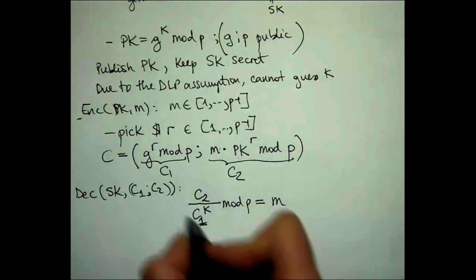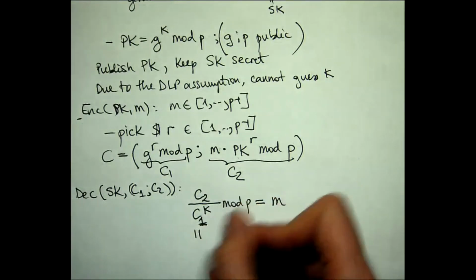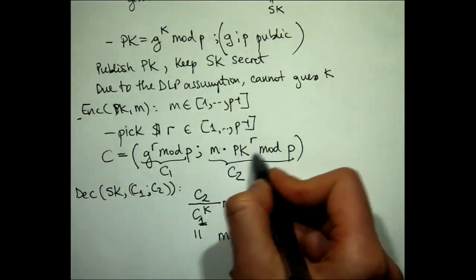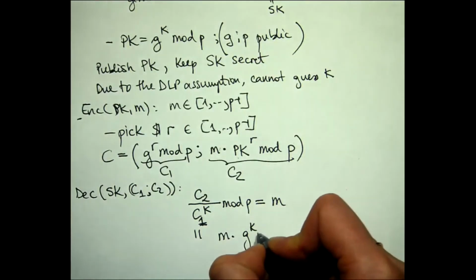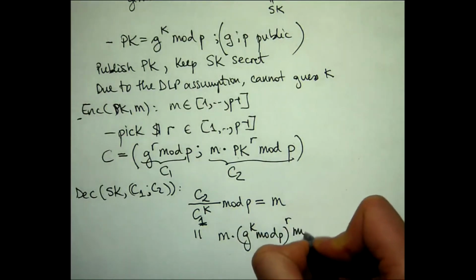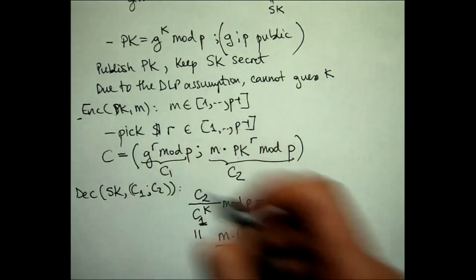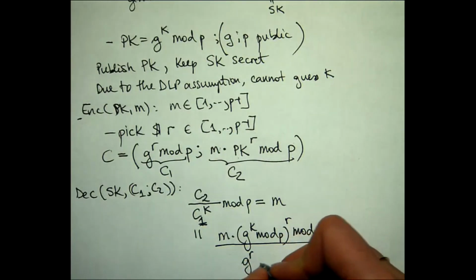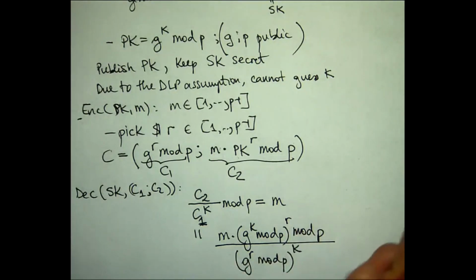Okay, so let's check this. So let's write out. C2 is M times public key to the R. So let me write out what the public key is, g to the k, modulo p, everything to the R, modulo p, divided by C1, which is g to the R, modulo p, to the power of k.